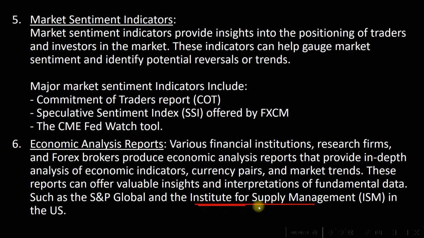This is a private firm of supply managers, the Institute for Supply Management, consisting of supply managers. The S&P Global is another one. This is a private company, a very big one. They produce financial reports, economic reports, and they give a good indicator on how various economies will be doing in the future. Let's look at that website, in fact.